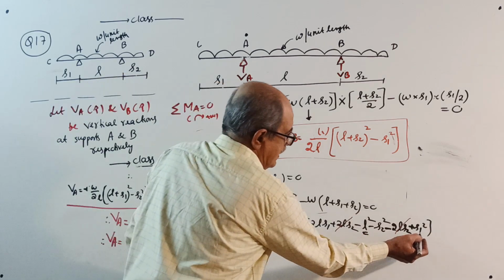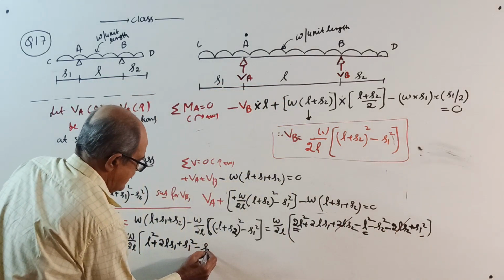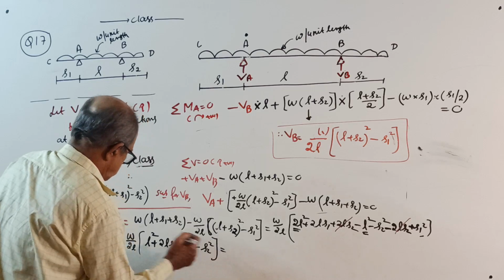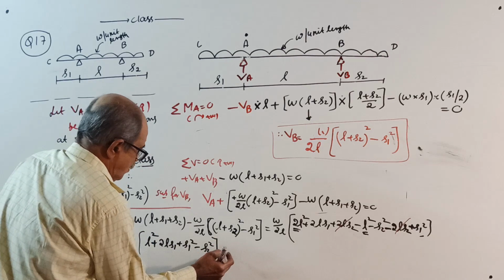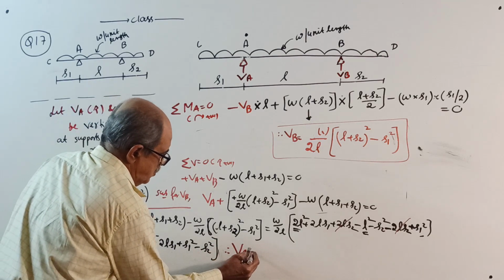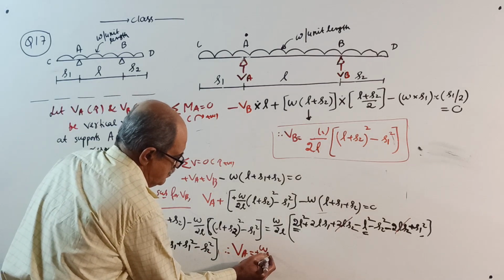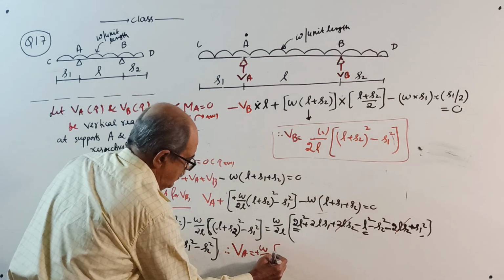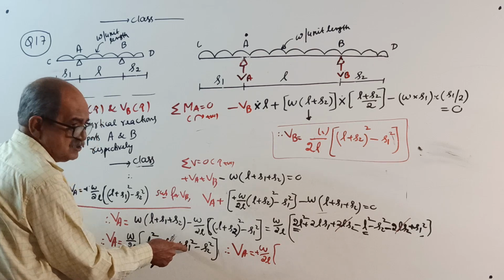This also is over. What remains now? Minus S2 square. Now I can do one thing. Therefore your VA equals W by 2L into L square plus 2LS1 plus S1 square.